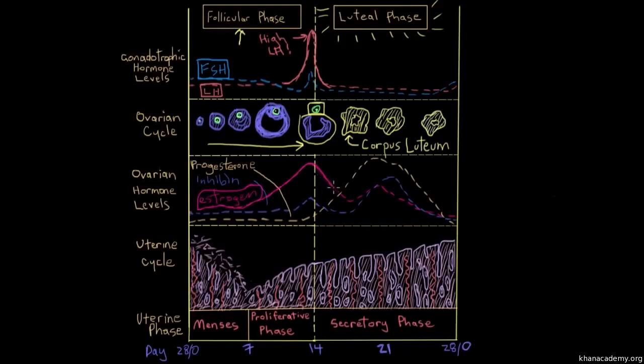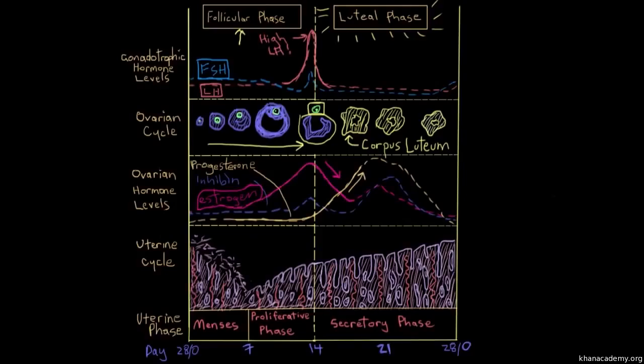Since this is not a follicle anymore, it greatly reduces the amount of estrogen it makes, and it begins to mass produce progesterone. To clarify, it still does make some estrogen, it's just not its primary product. Progesterone is. And that's why you see this dip in estrogen here and this uptick in progesterone.